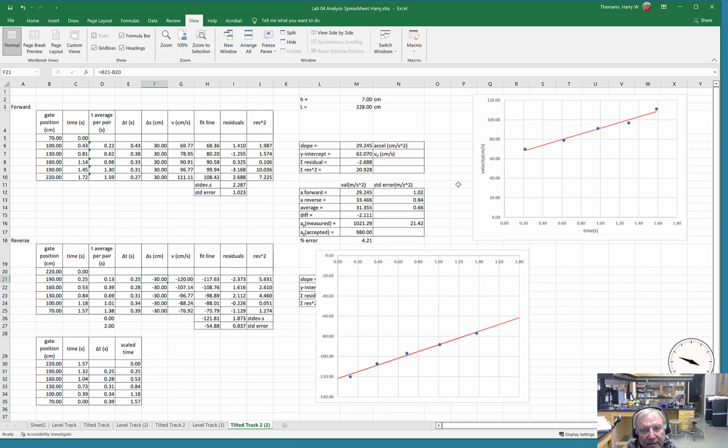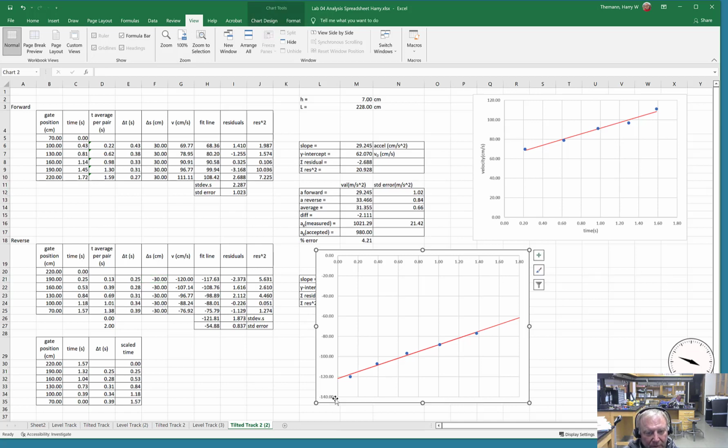We see that you started at some positive velocity and it increased because it was going down the track. That was our positive direction. And it picked up speed. So we have a positive acceleration, and we see the magnitude of the speed increasing.